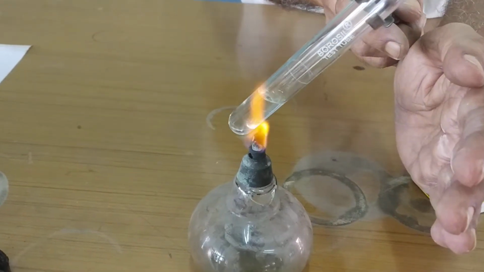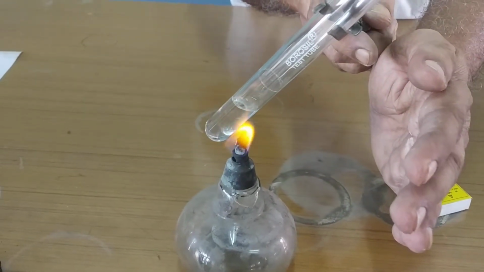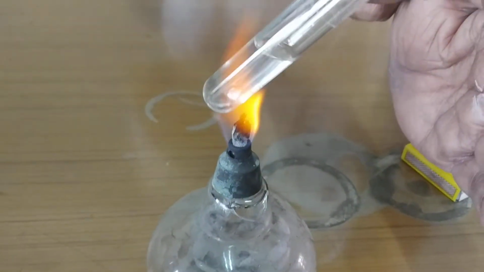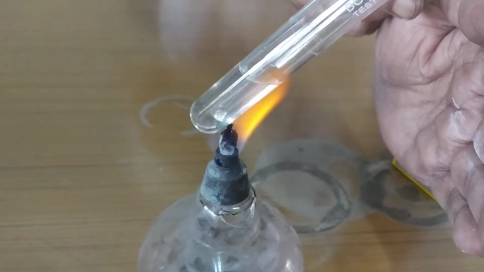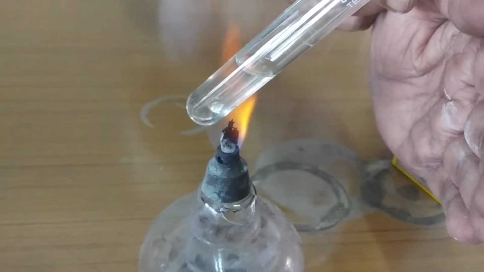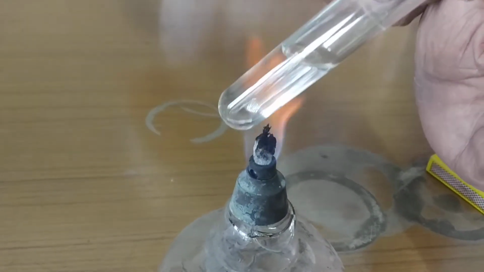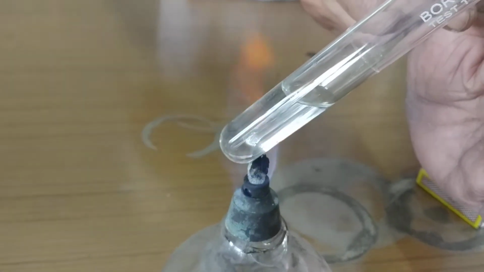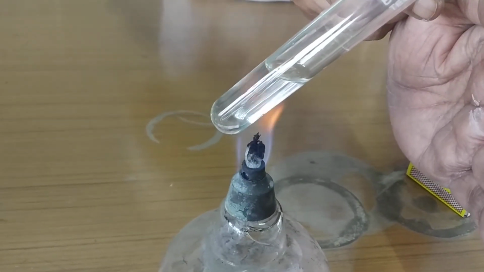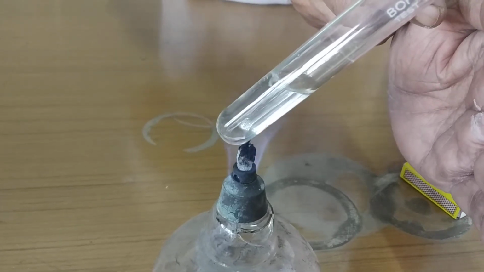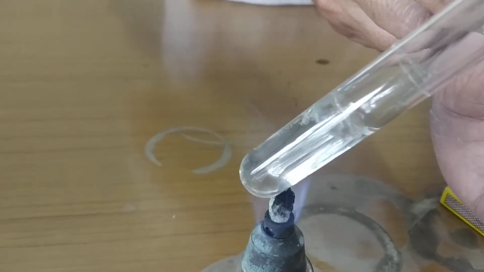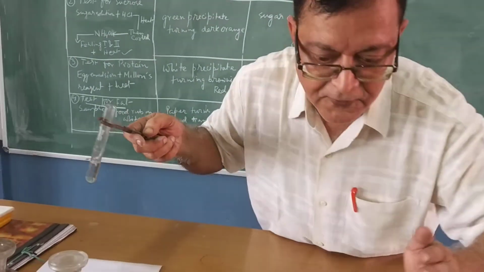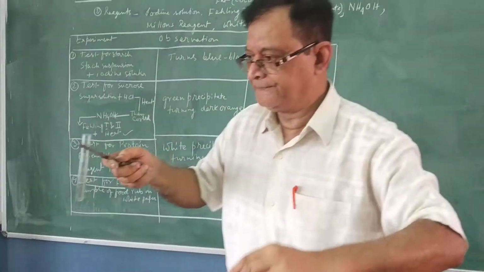We will wait till the bubbles are coming up. We will not boil it, but we will heat it. When bubbles come, I will remove it, then we will cool it. Here is a bubble coming, you can clearly see. Now we remove it and put out the lamp.